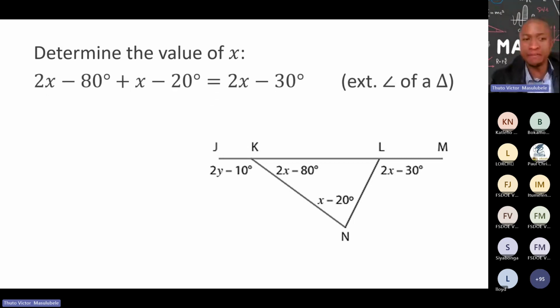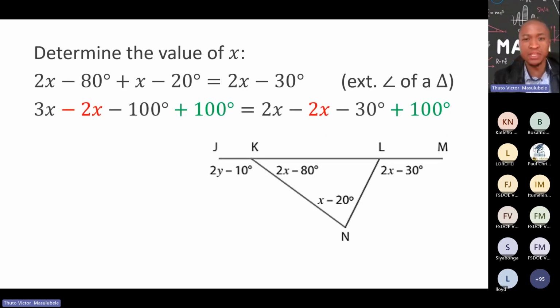That is why we have here 2x minus 80 plus x minus 20 will be equal to 2x minus 30 because it's an exterior angle of a triangle. And then what we need to do here, we need to combine your like terms. If you combine your like terms, that is what we'll have. We'll have here 3x, because 2x plus x will give us 3x.